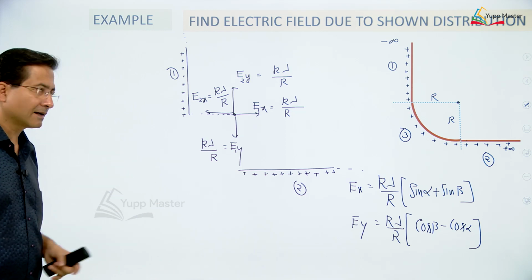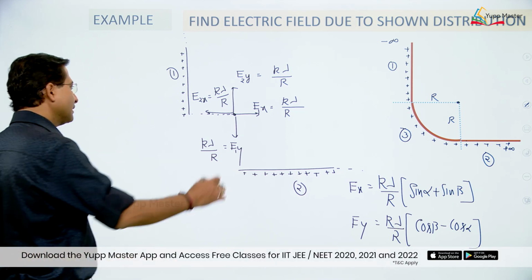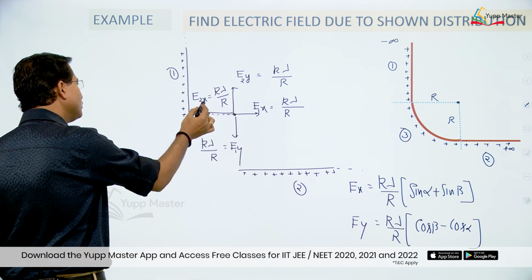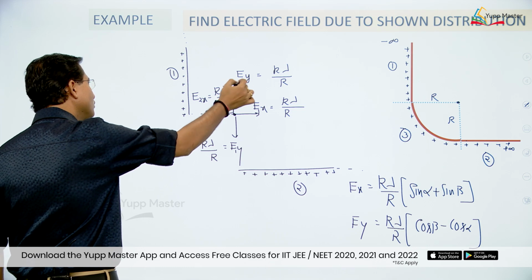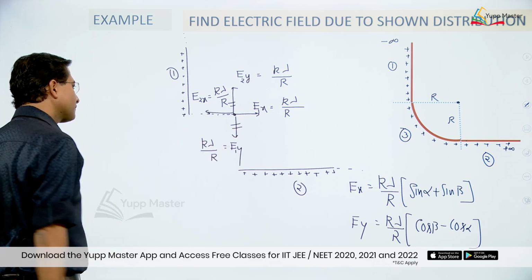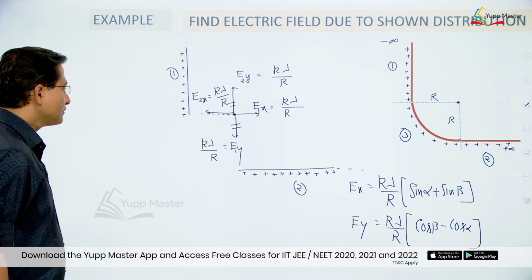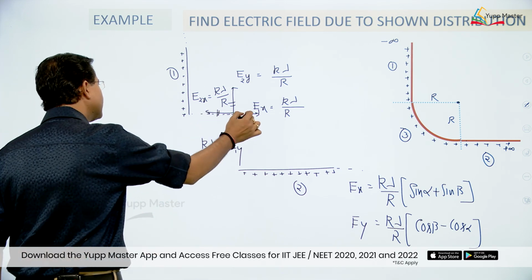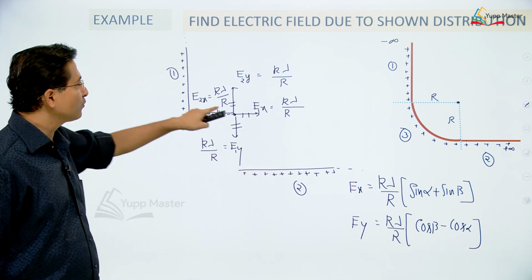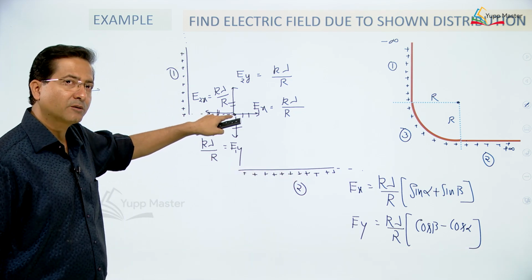Now this diagram says that these two will cancel each other. Look at E2y and E1y, these two will cancel each other. Similarly, these two will cancel each other. That means these two won't produce any field at this particular point.